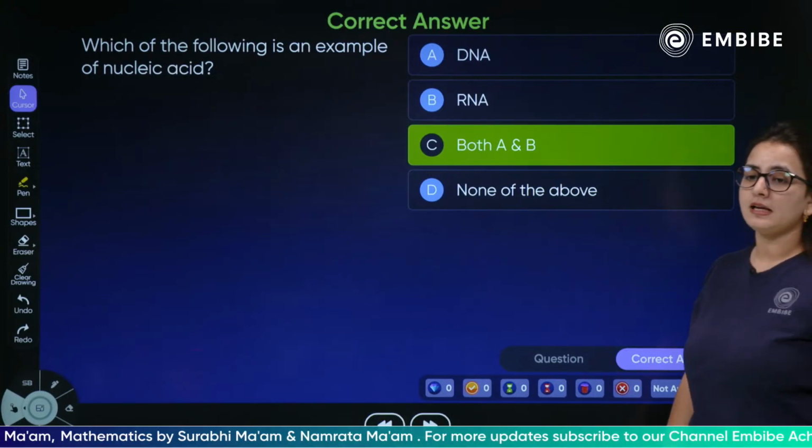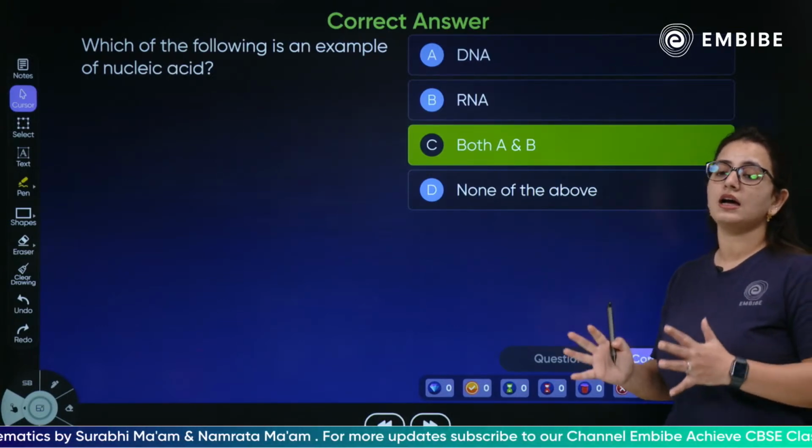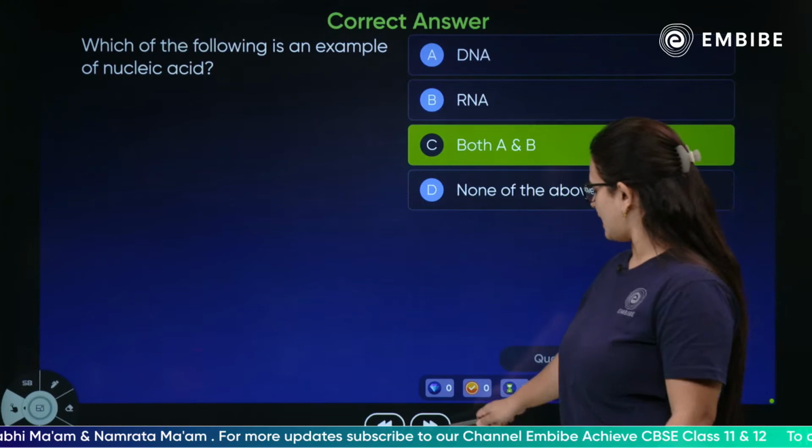Correct answer is both A and B. The RNA and DNA both are the example of the nucleic acid.